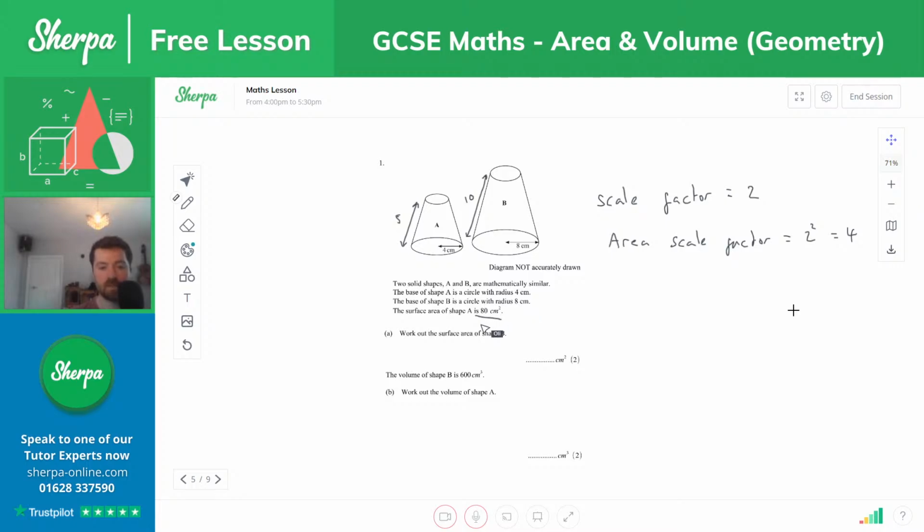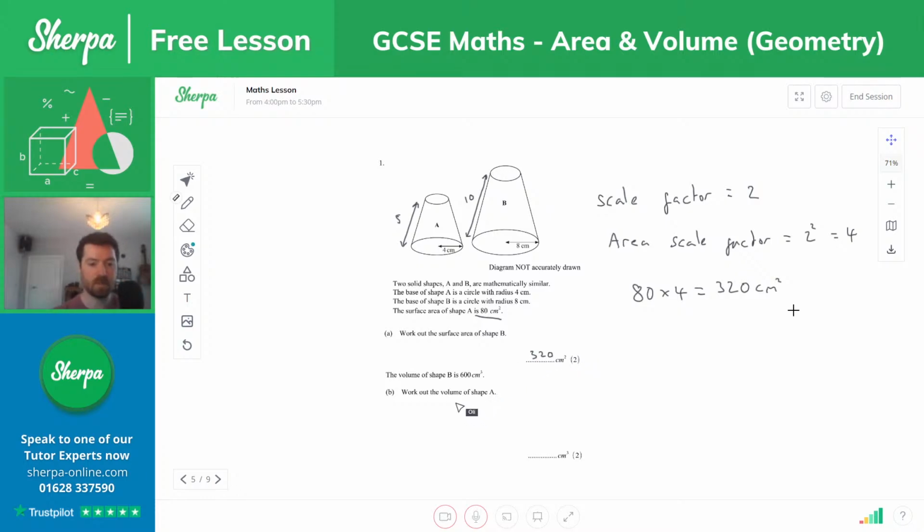So I can take this 80 centimeters squared, which is the total surface area of shape A, and multiply it by 4, and that'll give me my new surface area, which is 320 centimeters squared, because area is always going to be centimeters squared. And that's my answer to part A.